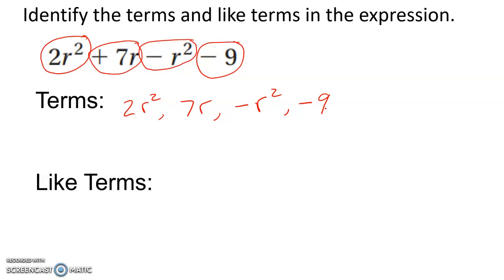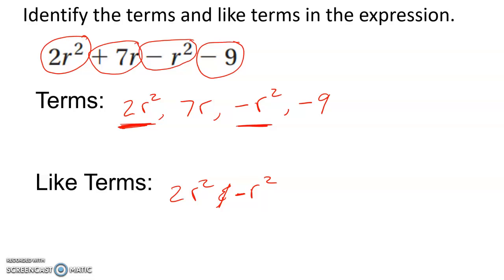You don't have to put the positive, but the negative, yes. Like terms: I see one right here with an r squared, and here's one with an r squared. So 2r squared and negative r squared. Not the 7r because it doesn't have the same exponent.